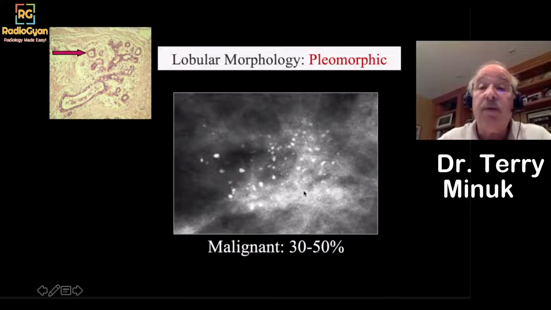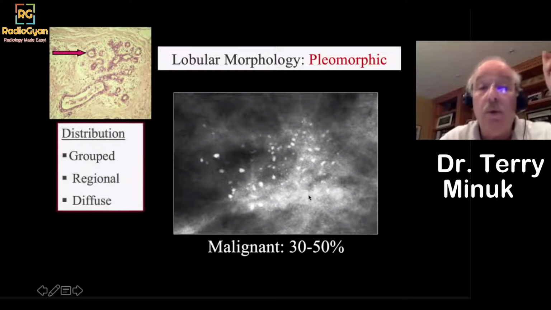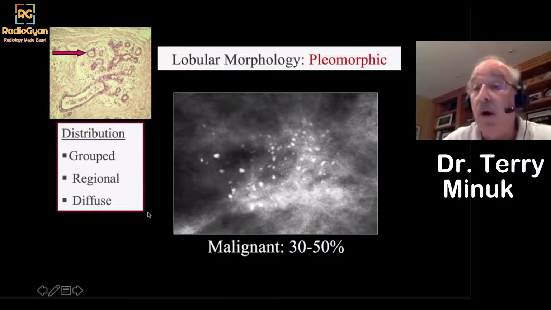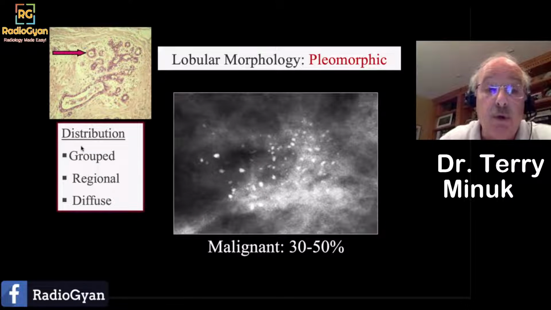But when you see calcifications like this, what you want to do is look at the distribution. Distribution is really important. If you see these calcifications diffuse, which means all over both breasts, they're benign. Doesn't matter what they look like. If they're bilateral, all over both breasts, they're benign fibrocystic disease, period and end, next case. Now, if they're grouped, and BI-RADS says a group of calcifications is more than 5 calcifications in a square centimeter.